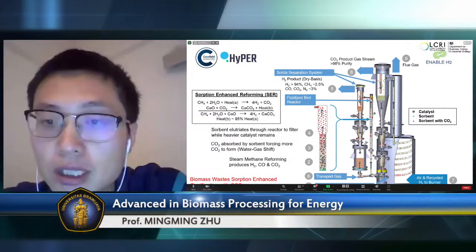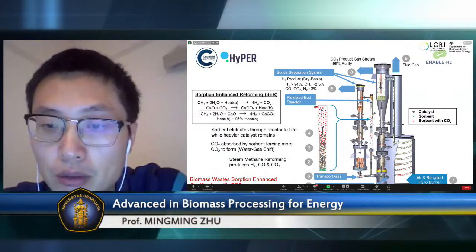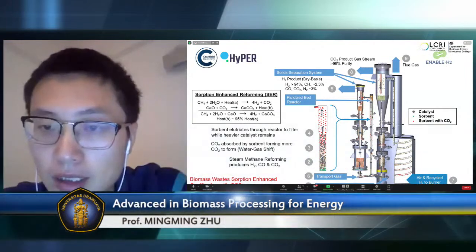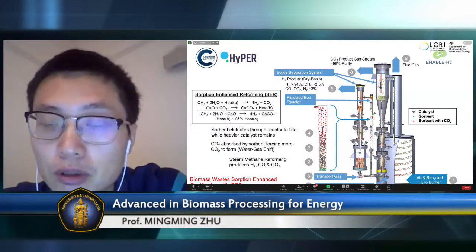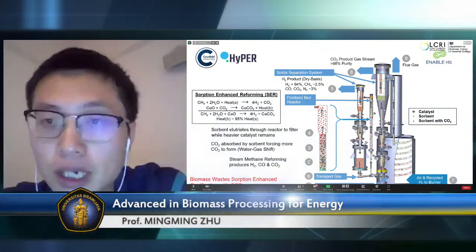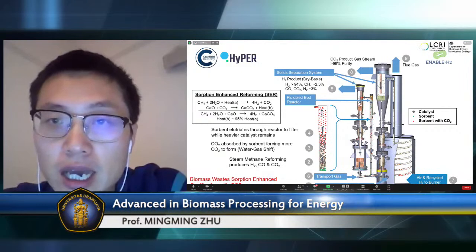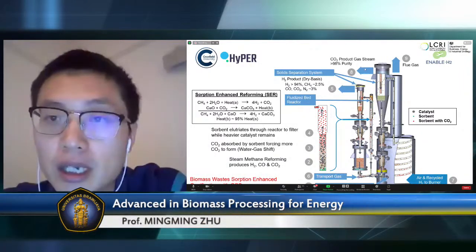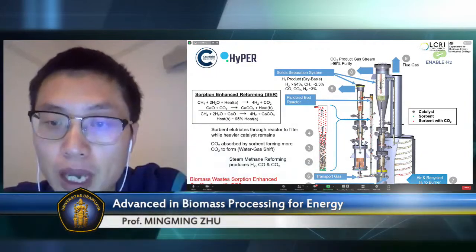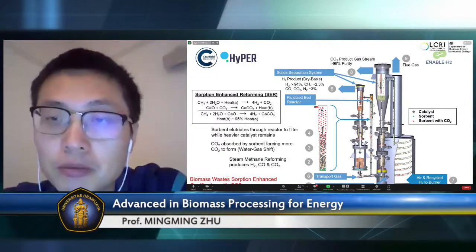And this was heated by the residue off gas, and when the limestone is subject to the heat, the CO2 will be released and separated, and the lime goes back to the process.